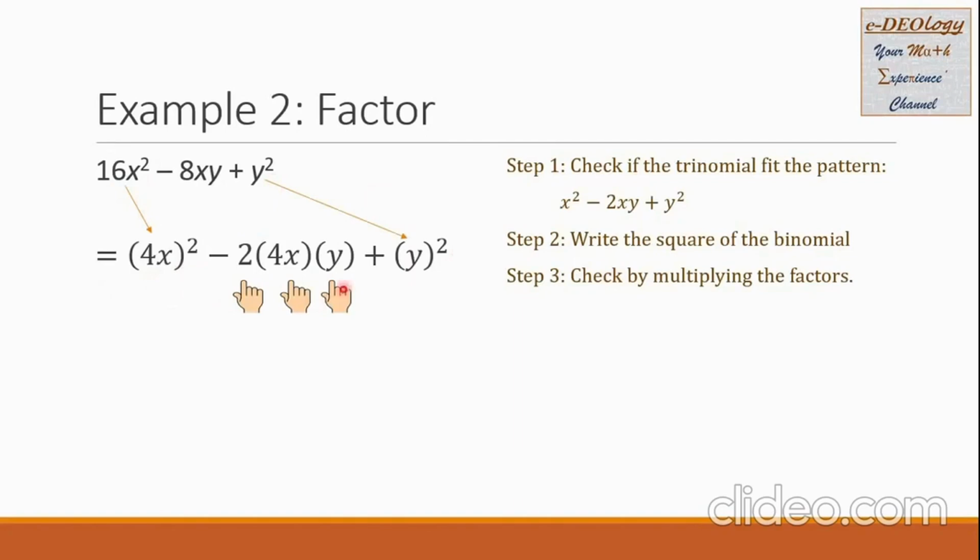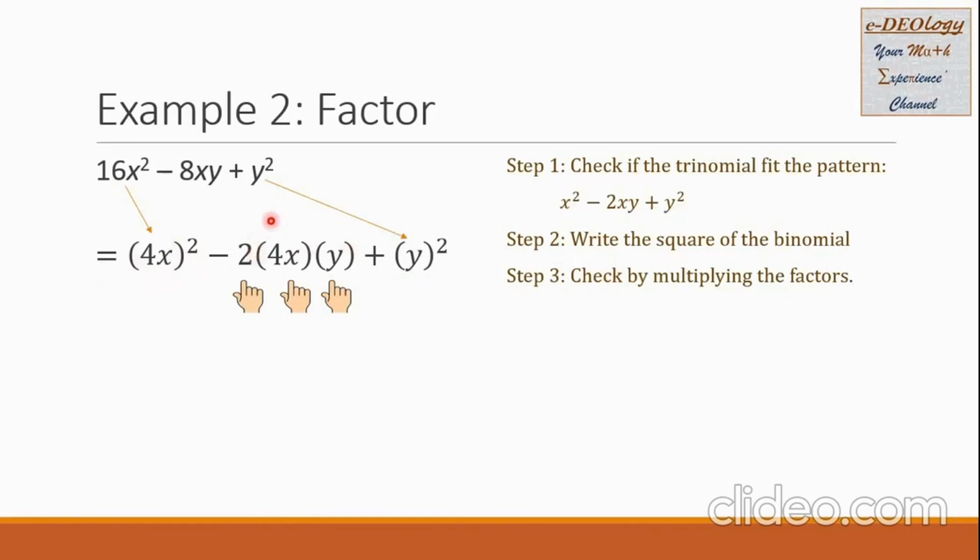For the middle term, first I will write the minus sign, and then the 4x and the y are written in the middle, and then times 2, and that is a constant.